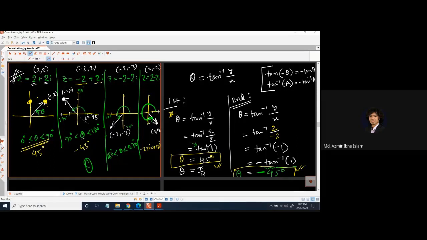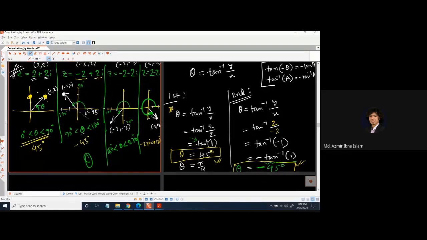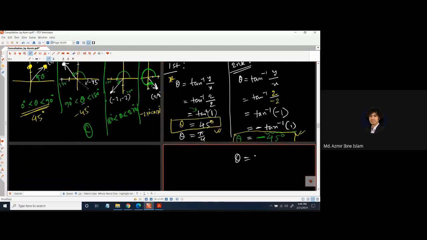So just to get this one, the green color angle, what do we have to do? Total angle is 180 degree, and we need just this one. So we need to add 180 degree with the previous part.